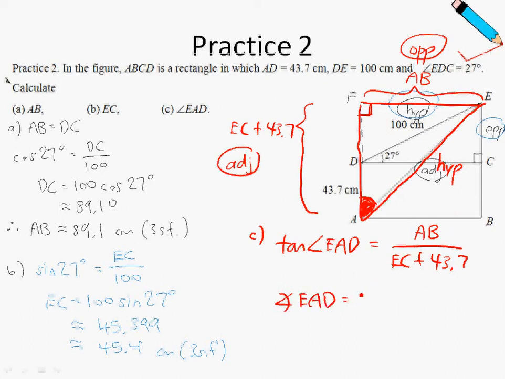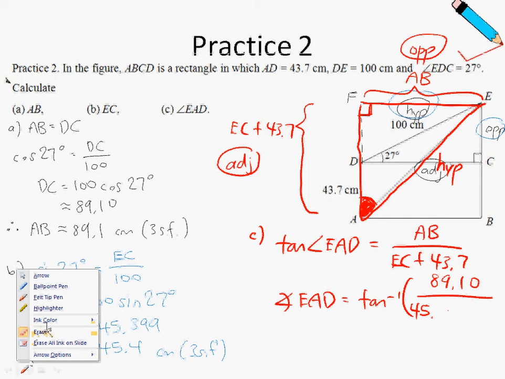Okay, so I'm going to solve for angle EAD, and at the same time, I'm going to sub in the values. So to find angle EAD, I will take tangent inverse both sides. AB is given as 89.10. I realize that I'm using the unrounded values, the values that haven't been rounded off. And EC is 45.399. I should be using the one that's not rounded off.